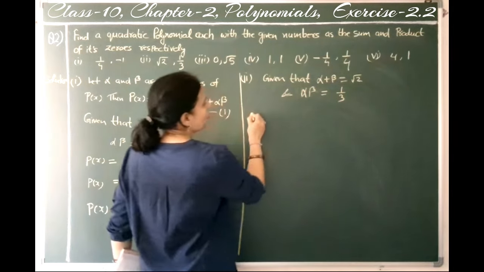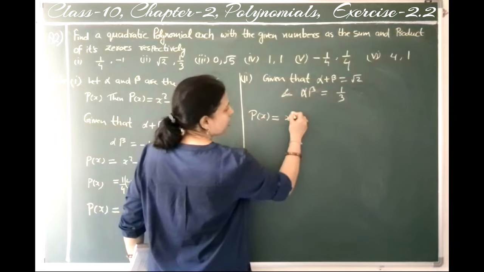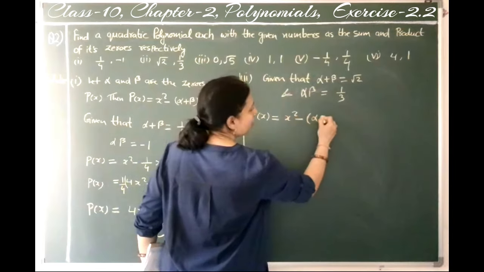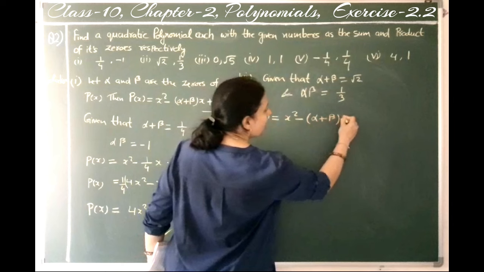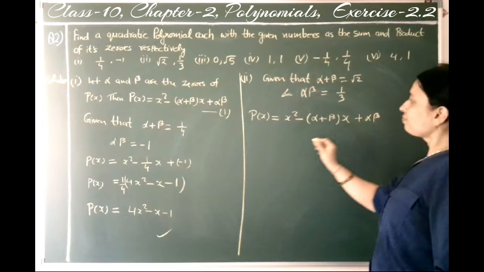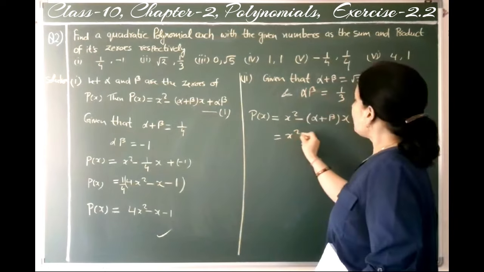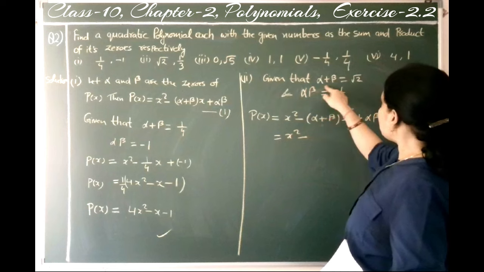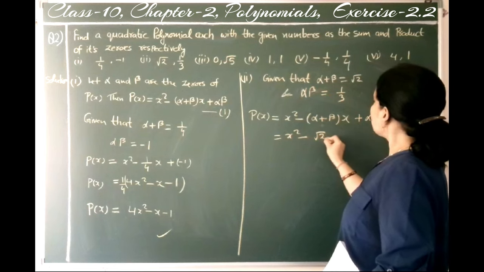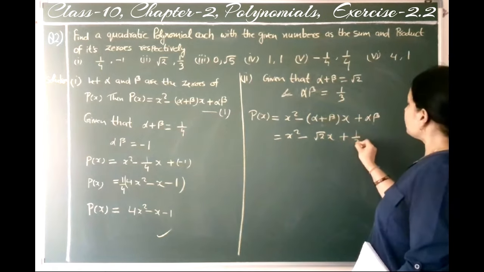Then we can write the quadratic polynomial p(x) = x² - (alpha + beta)x + alpha beta. Now put the values. First write x², then put the value of alpha plus beta, which is root 2. So root 2 x plus alpha beta is equal to 1/3.